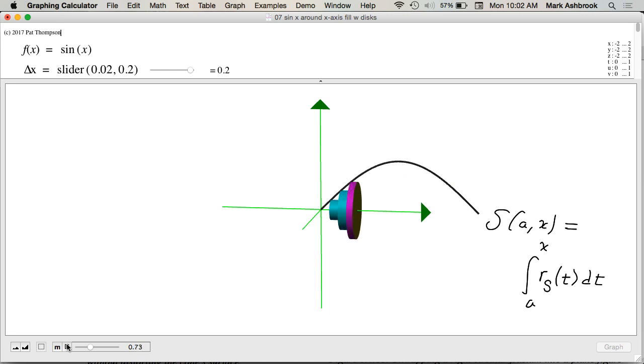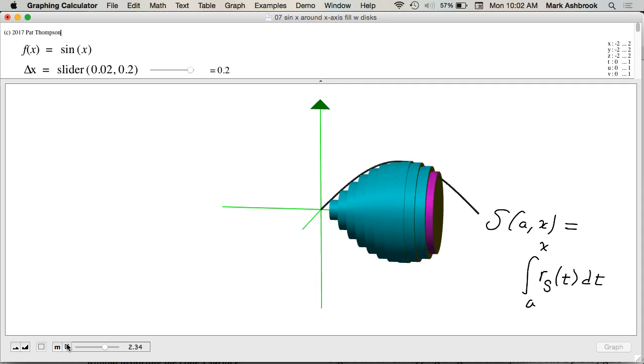You said area of the base, right? So that black area, the area of that black circle on the far right side, would be our rate of change of volume. So now if we're thinking about surface area, what would we say for that?